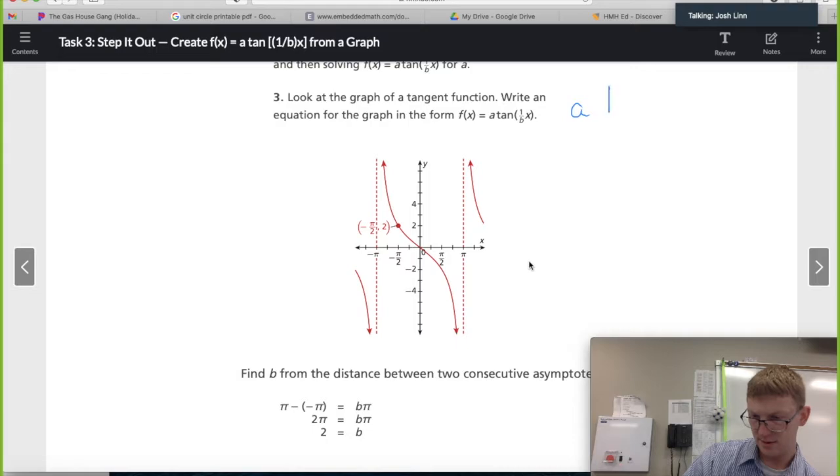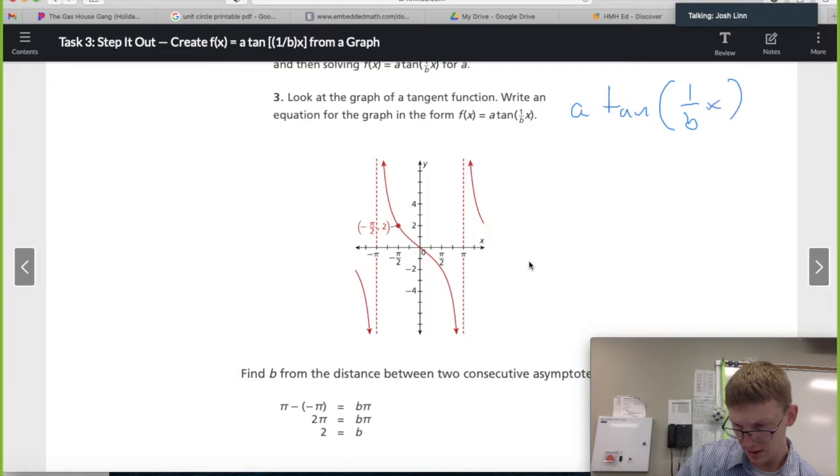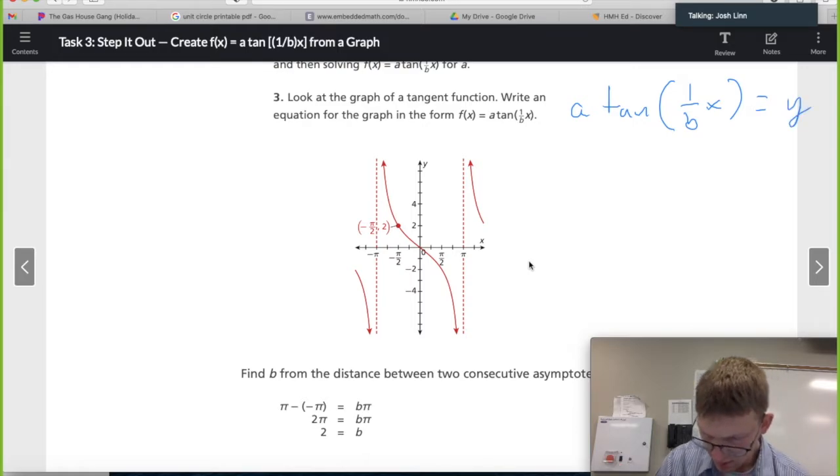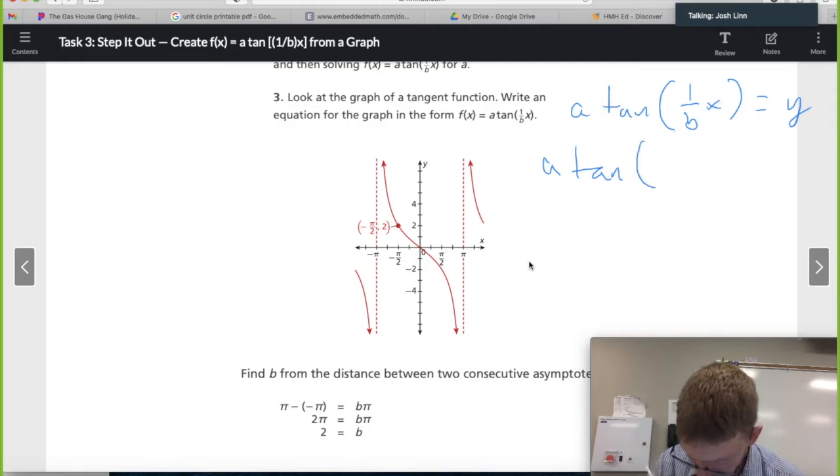A tangent of 1 over b x equals y, I guess, whatever. So then we have a tangent of x equals 0, so it's going to be 0 equals 0.